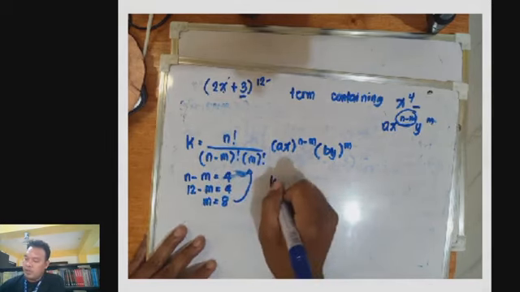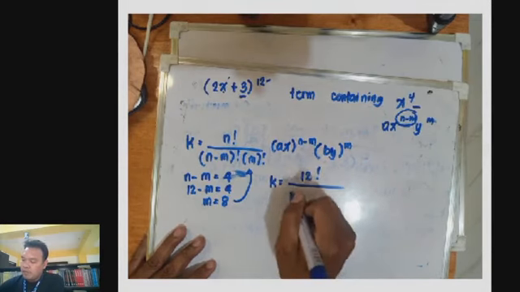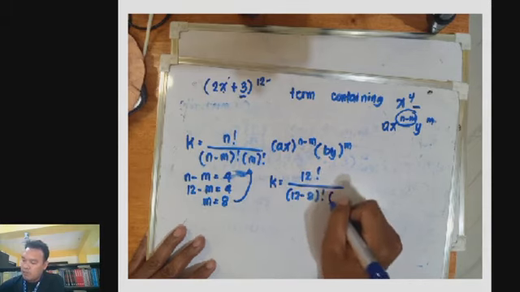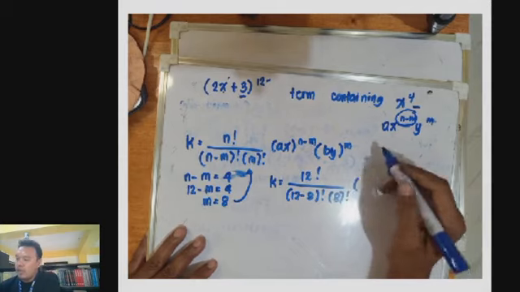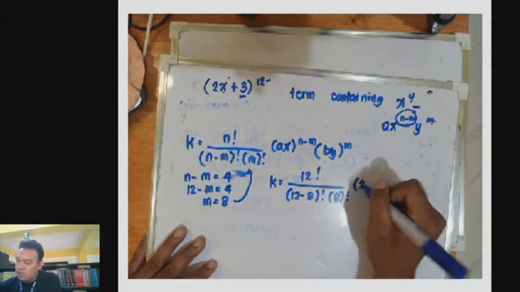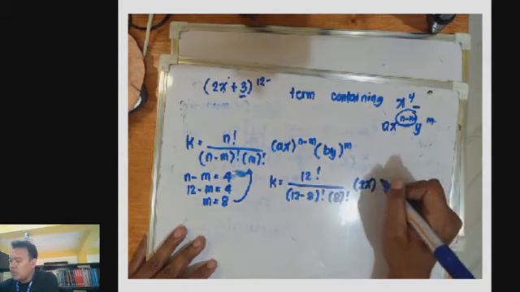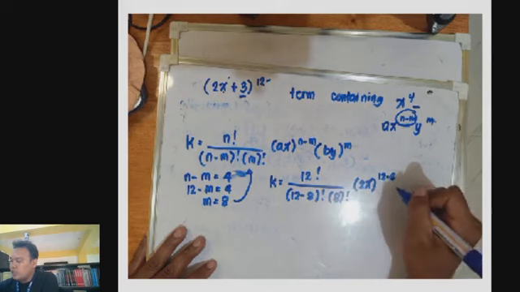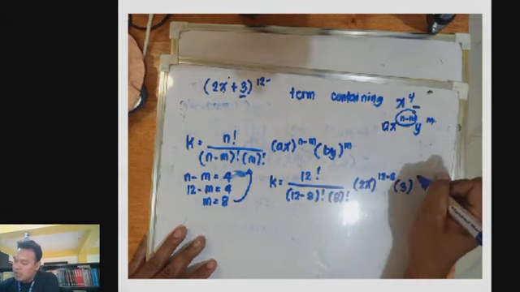So, we have k is equivalent kay n, which is 12 factorial all over 12 minus 8 factorial times 8 factorial times ax, yung a natin ay yung 2, then yung x, n minus m, which is 12 minus 8, then yung y natin is 3, then m natin is 8.